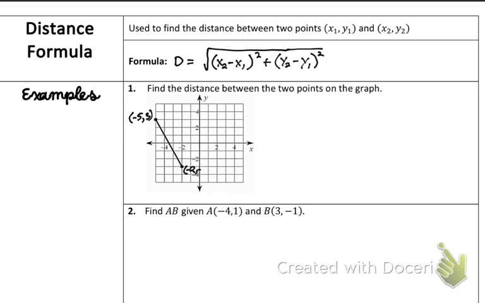And then it's going to be negative 3 because it's 3 down. Our distance formula is the square root of something squared plus something squared. Remember, it's plus between here because it came from a squared plus b squared equals c squared.